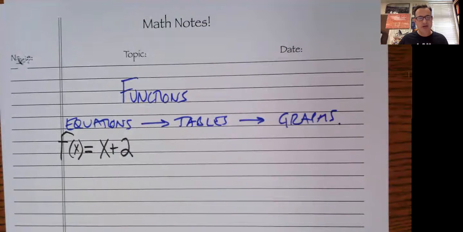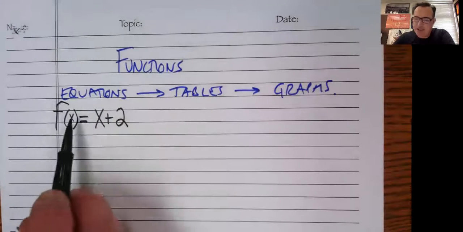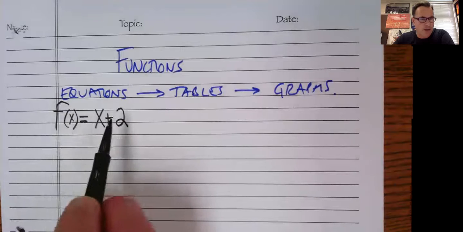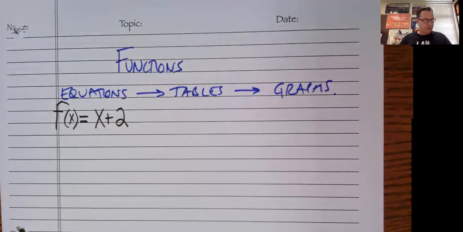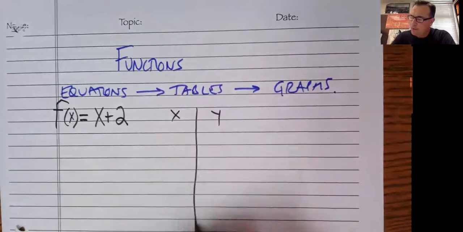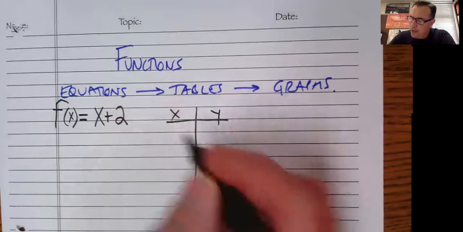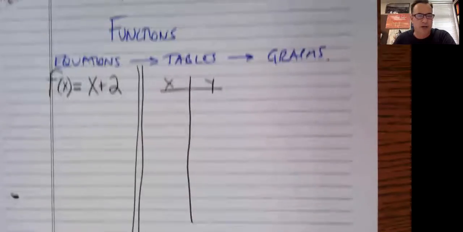So here is what we do to be able to take an equation and use it to make a table. I'm going to make a table right over here with an x and a y. And I'm going to make a line to show this is dividing from one to another.